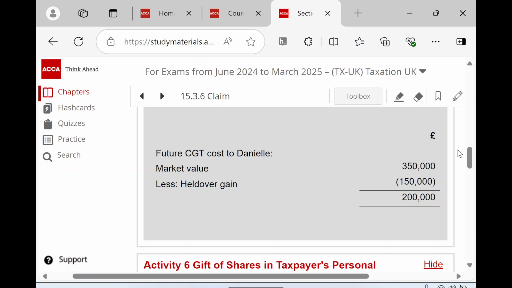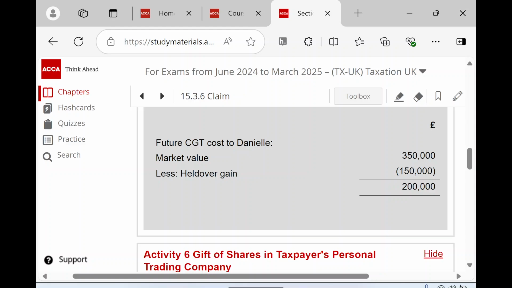We've got to deduct the held over gain, not rolled over. My apologies. The held over gain. So in effect, this 200,000 becomes her base cost. And were she to sell down the line, in effect, you would see the held over gain crystallizing, and any gain between the point of the gift and indeed the point of her disposal also coming into play.